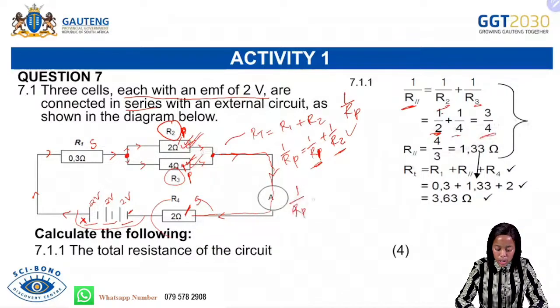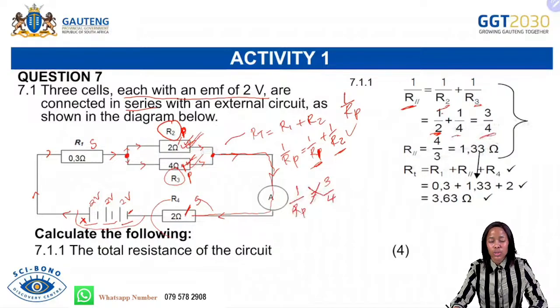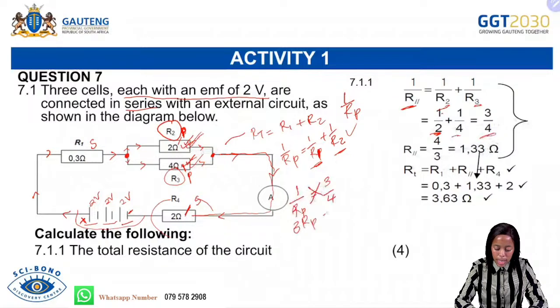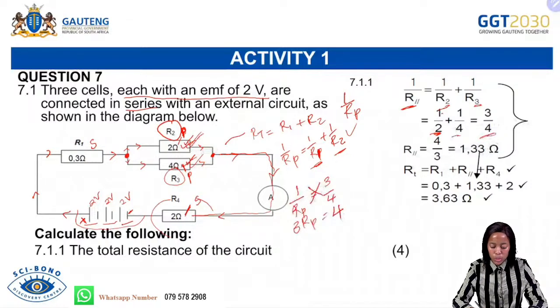You have 1 over RP is equal to 3 over 4. So you need to solve it so that you can have it as a decimal. But before that, you say 3 times RP is 3 RP, which is equal to 4.